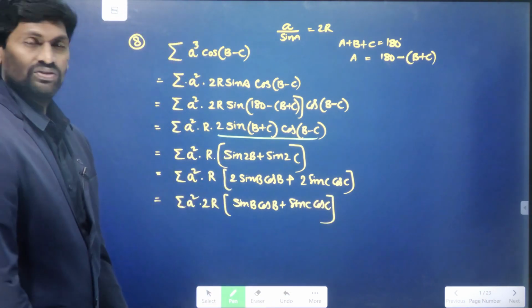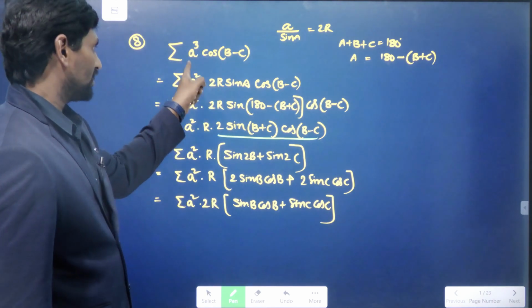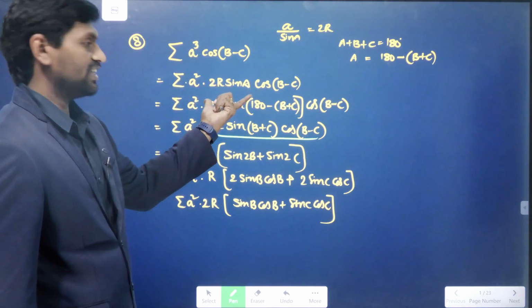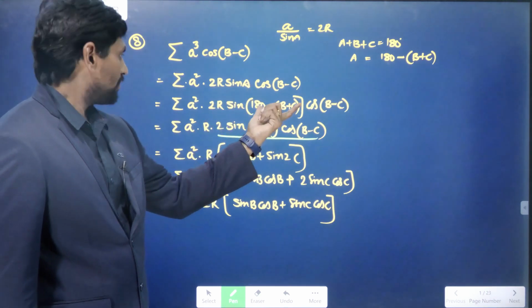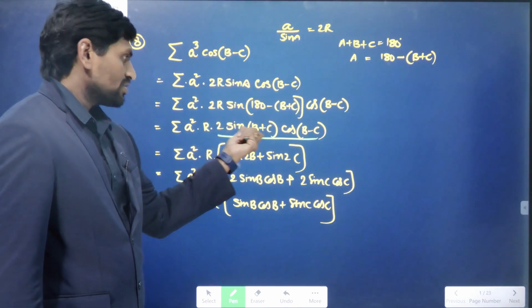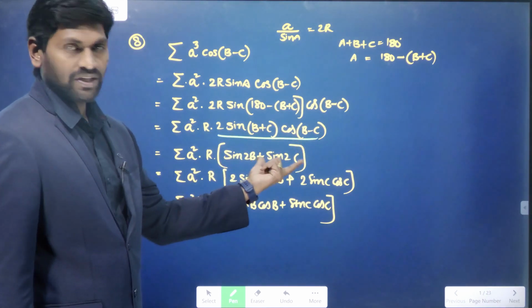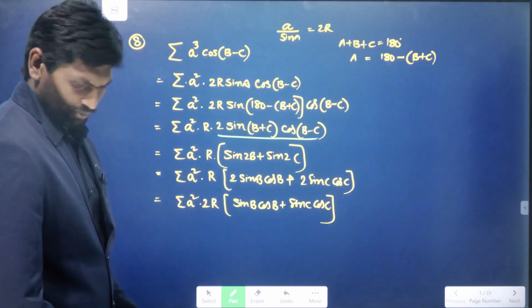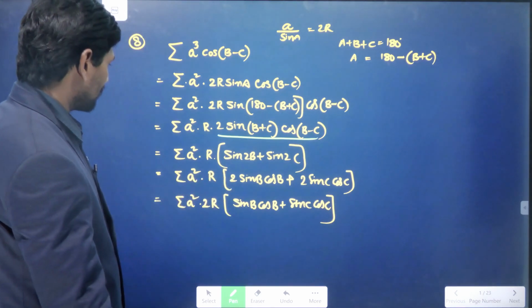So just look at that. First a cube I have written as a square into a. In the place of a, 2r sin a. Then a I wrote as 180 minus (b plus c). Then I applied the 2 sin cos formula, the sin plus sin formula. And sin 2b I also wrote as 2 sin cos.